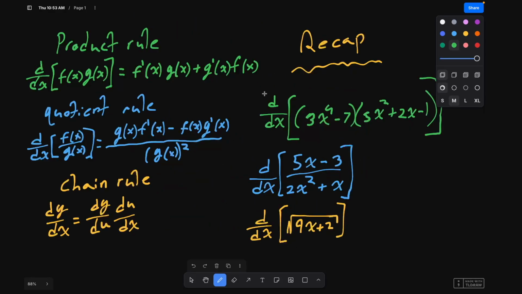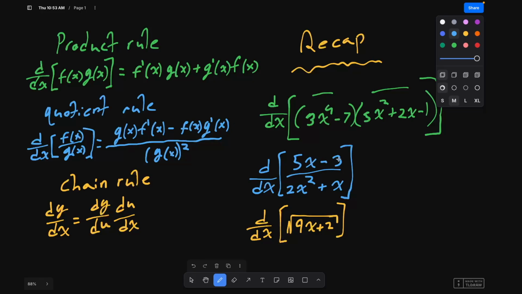So to recap, the first new rule that we learned was the product rule. And the product rule showed us how to take derivatives of a function of x multiplied by another function of x. And the rule says the derivative of the first times the second plus the derivative of the second times the first. The second new rule that we learned was the quotient rule, which told us how to take derivatives of fractions, essentially.